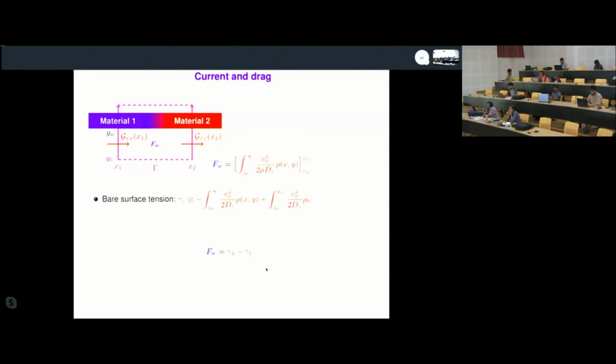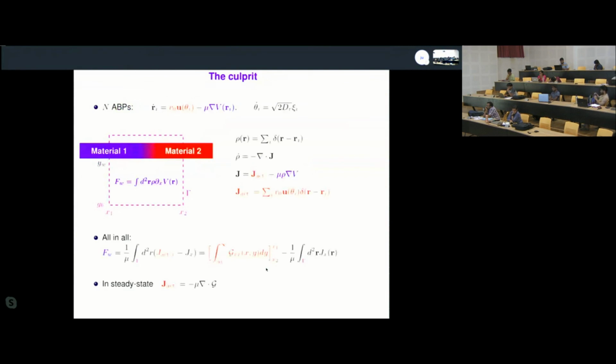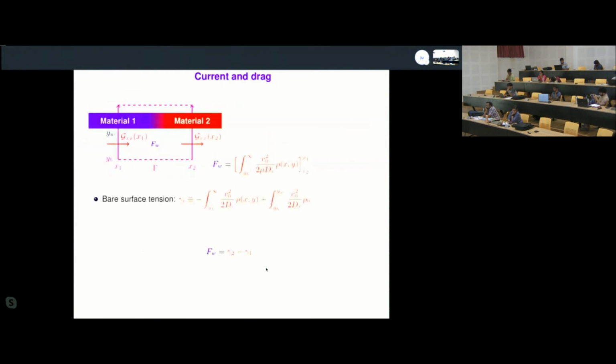If I compute explicitly the expression of Jxx, I get something that looks a lot like the surface tension defined in equilibrium. Instead of the integral of rho kT, I get essentially the integral of rho v squared over 2 Dr, which is just the generalization of the momentum transfer to active particles. And this first contribution to the tangential force would be an equation-of-state-abiding part.